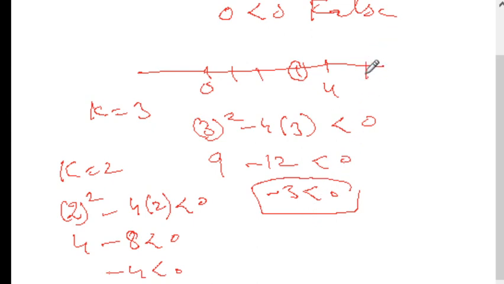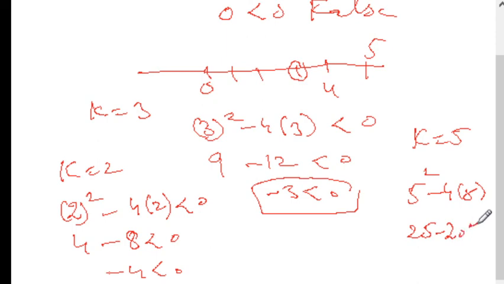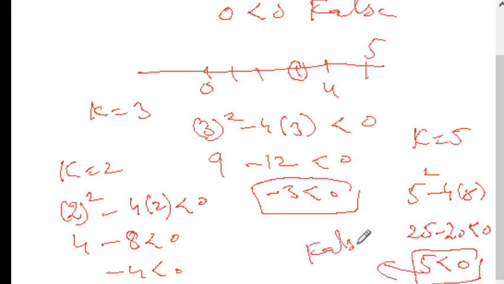But if you take 5, let's check k is equal to 5. 5 square minus 4 into 5 is 25 minus 20, which should give less than 0, but it's 5, and 5 less than 0 is false. Even if you take minus 1, look at that result.